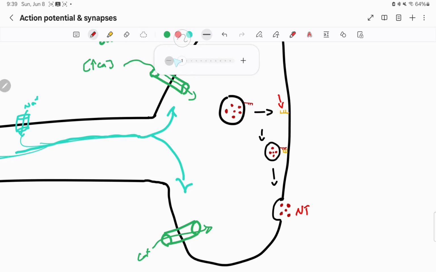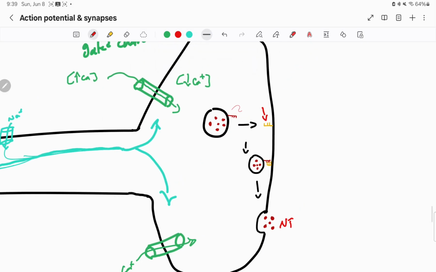Okay? So what is this protein called? What is this V snare specifically called? This V snare is specifically called synaptotagmin. Okay? And honestly, you don't have to know how the calcium facilitates the binding of synaptotagmin with this T snare. There are many proteins involved in this process, such as syntaxin, SNAP25, synaptobrevin.